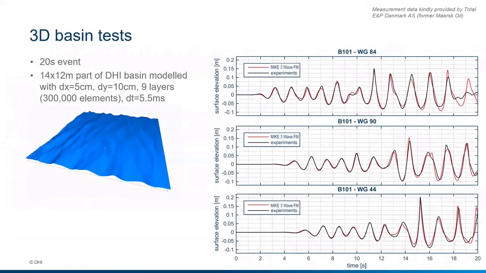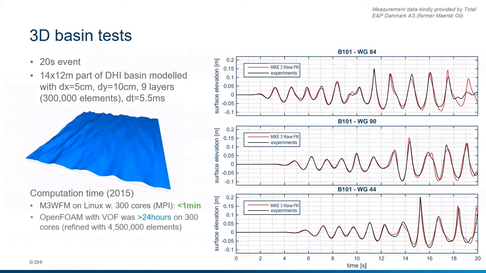So we have also done some speed tests. Here we are considering a three-dimensional basin, which is 14 times 12 meters. It's actually our basin here in DHI Hørsholm, where we have tried to run MIKE 3 Wave FM on Linux with 300 cores and MPI. Here it took less than 1 minute to compute.